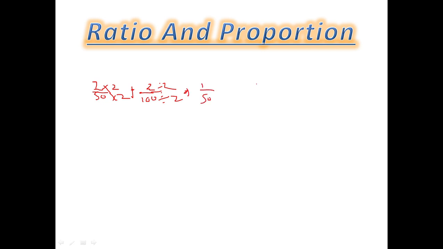We can obtain equivalent ratio by multiplying and dividing both the numerator and denominator.